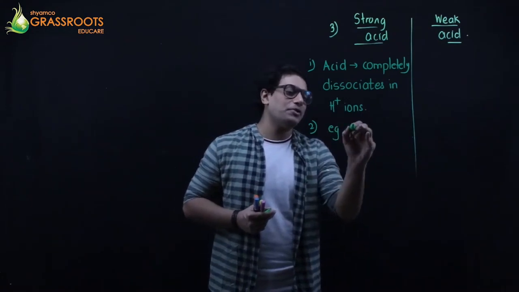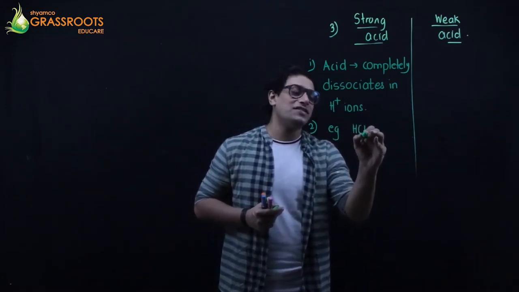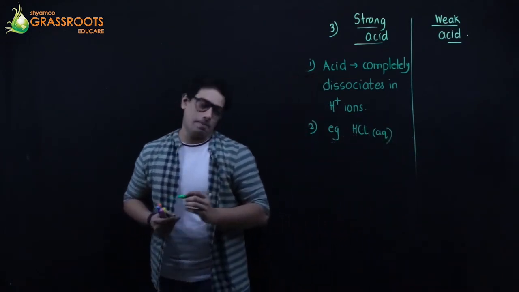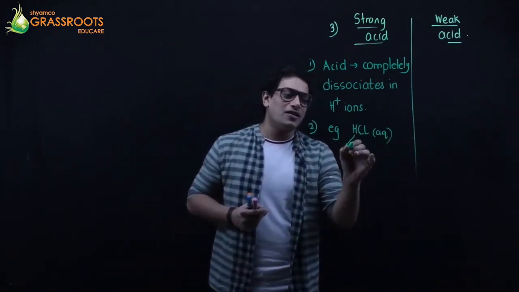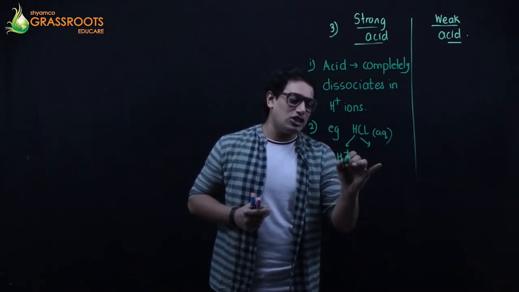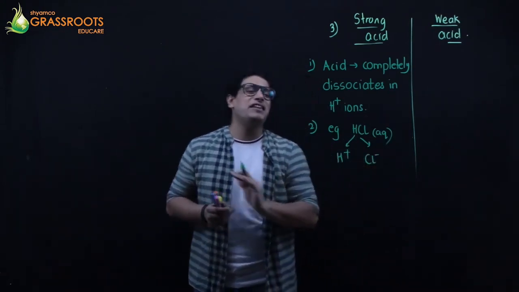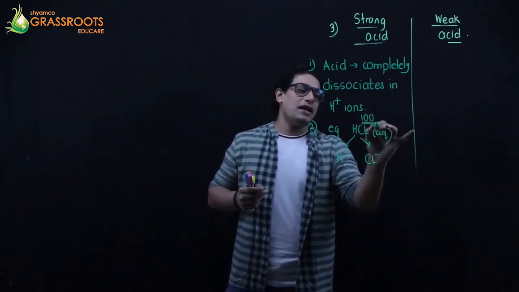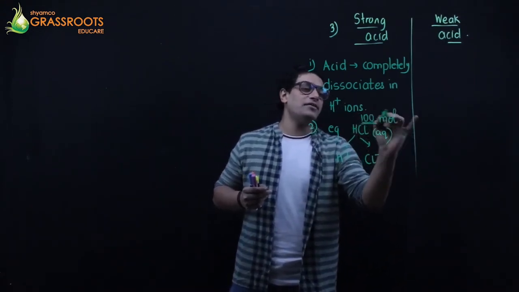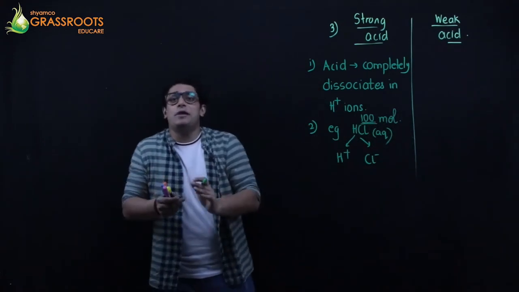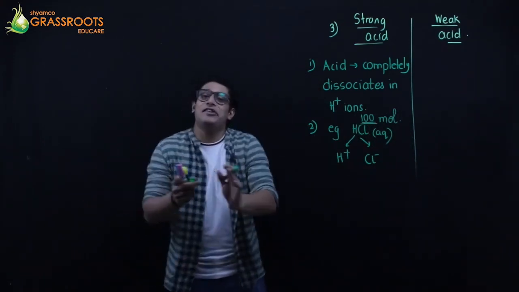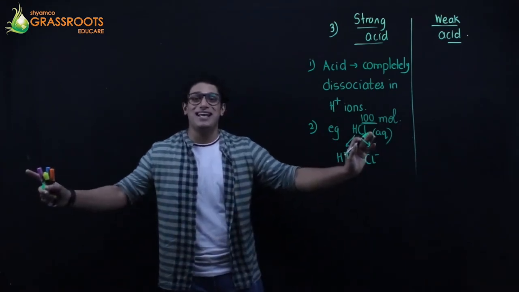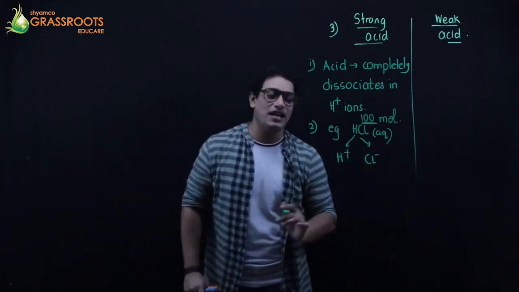Example, if it is HCl, okay, it is hydrochloric acid given to me. This completely breaks up into H plus and Cl minus complete. अगर ऐसे 100 molecules है, there will be 100 H plus and there will be 100 Cl minus. There is going to be a complete dissociation to form H plus and Cl minus.